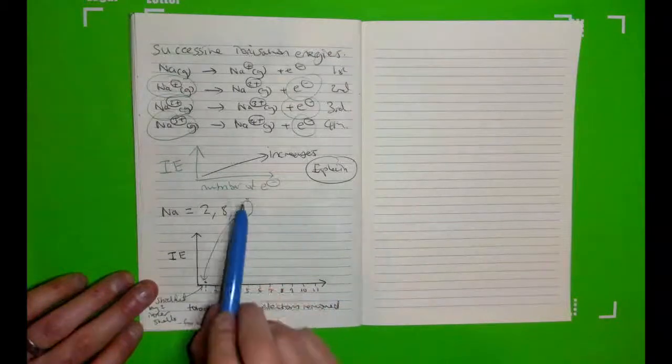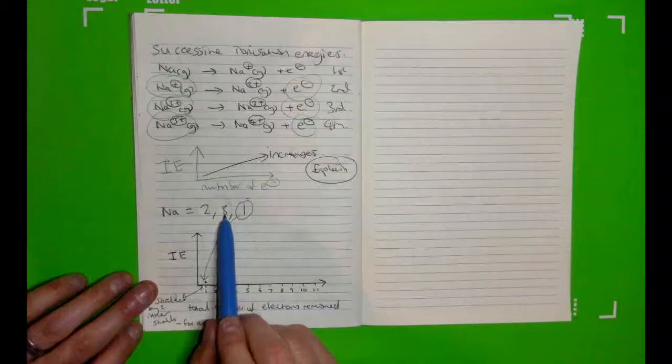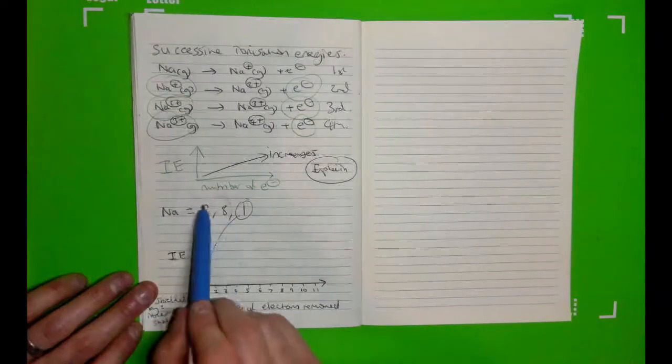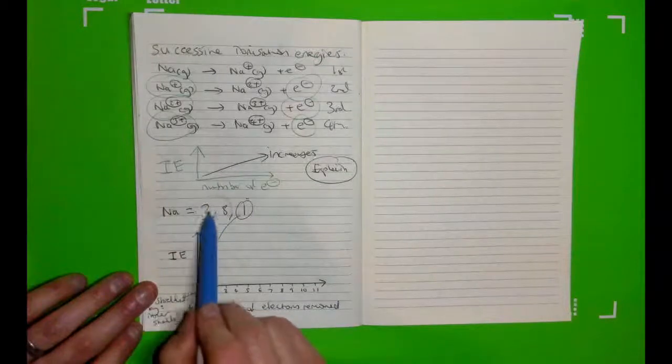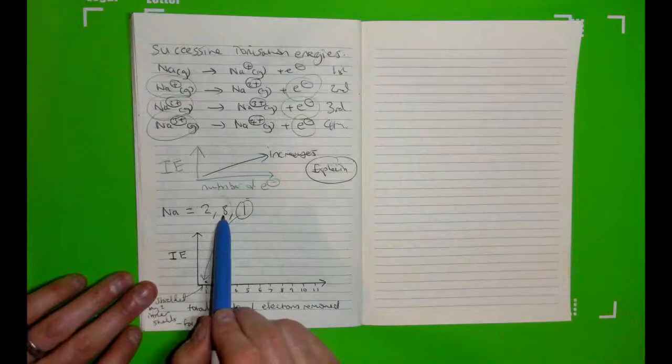However, once this electron's gone, the next electron that I'm removing is from this shell here. Now, these electrons are only shielded by this shell. Therefore, those electrons that you're trying to remove feel the nucleus much more strongly.